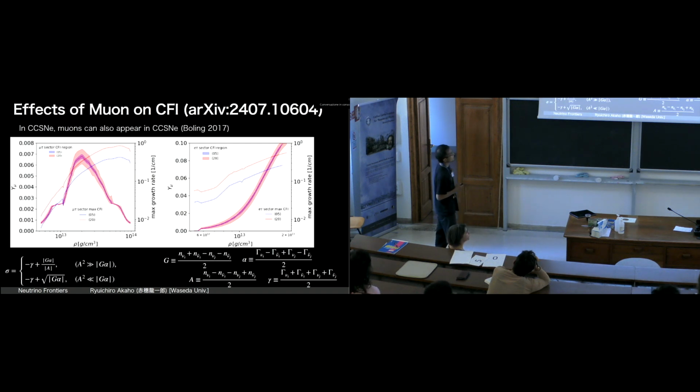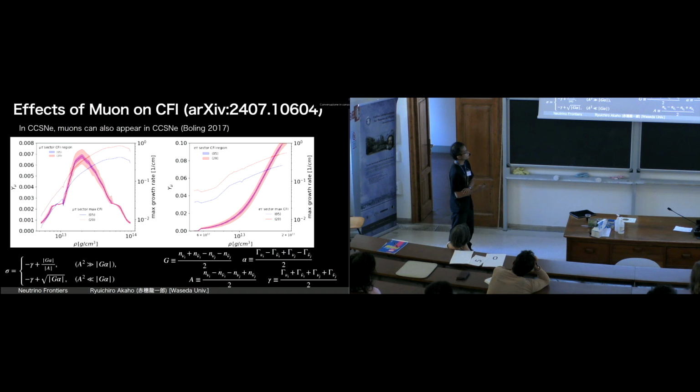And finally, I will explain our recent paper about the inclusion of muons. As shown in this paper, the muons are usually ignored in core-collapse supernova simulations, but they can also appear.